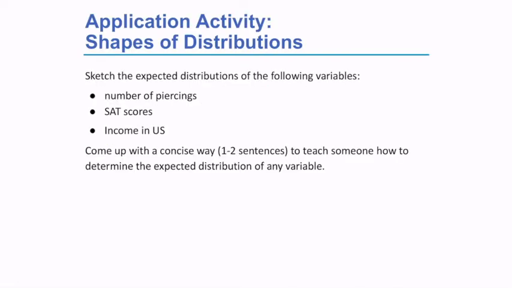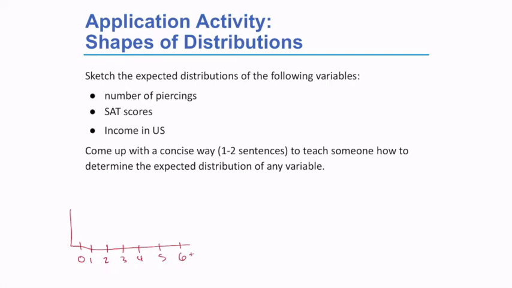Sketch the shapes of the expected distributions of the following variables: number of piercings, SAT scores, income in the US. So for number of piercings, let's make this 0, 1, 2, 3, 4, 5 plus.